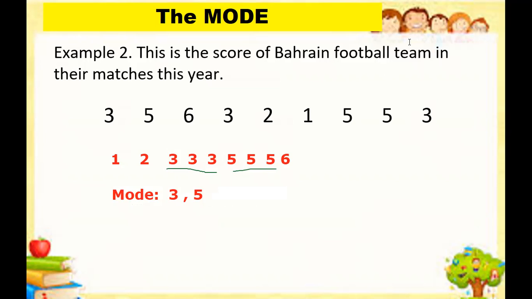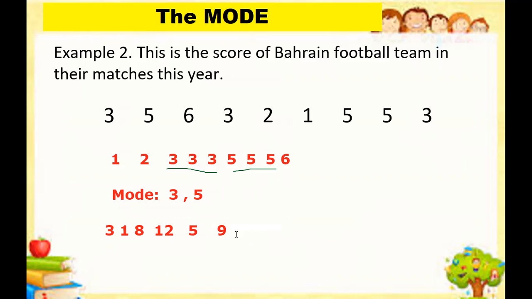Now, how about if, for example, we have this: 3, 1, 8, 12, 5, 9. If you look here, we have only one 3, one 1, one 8, one 5, one 12, one 9.